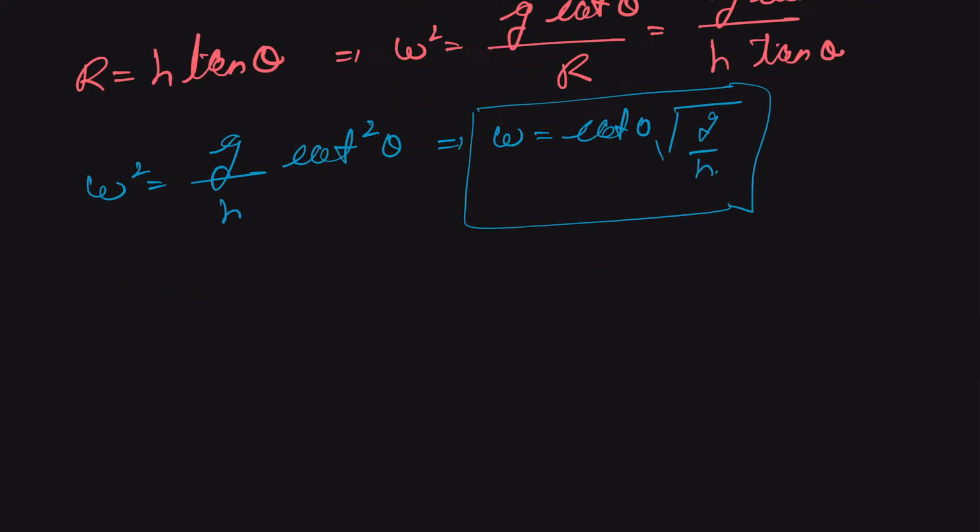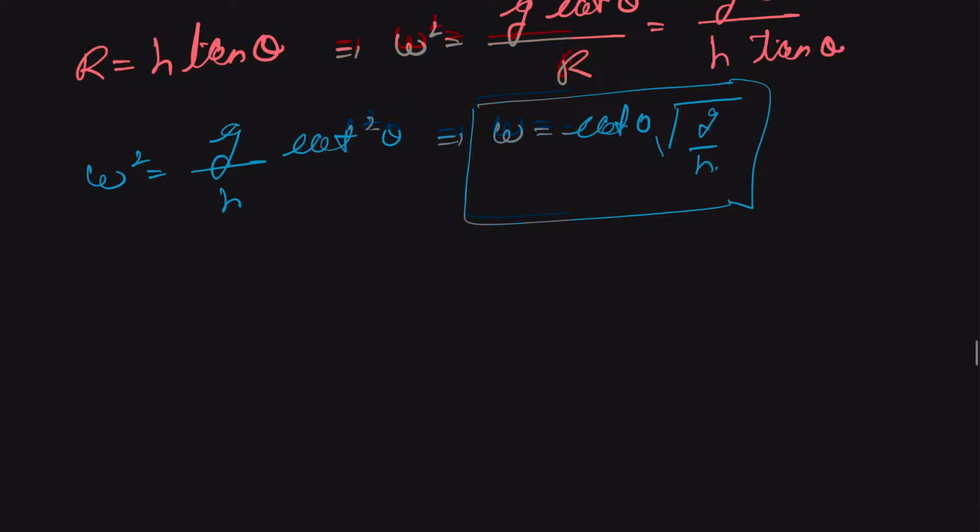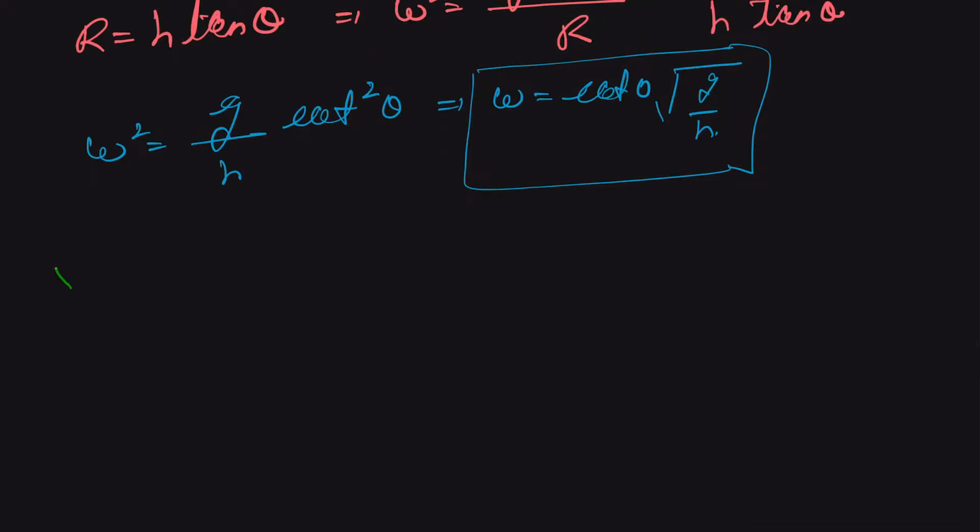And now we come to part B. We are given that there is a ring, and suppose the ring has a radius of small r.